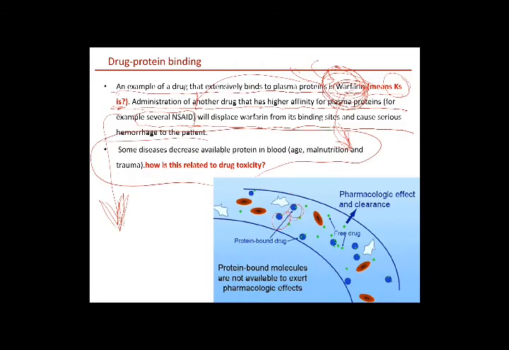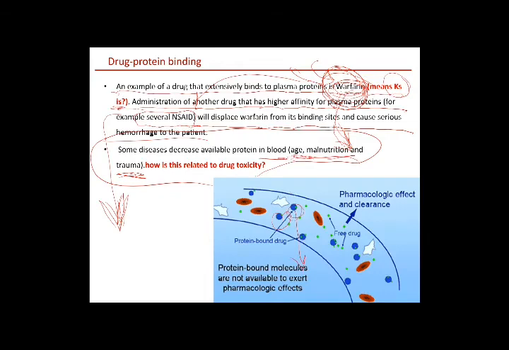So another factor to consider when you take a drug like warfarin, which is highly protein bound, is age. Because if you read this line, it says some diseases decrease available protein in blood, like age and malnutrition and trauma.